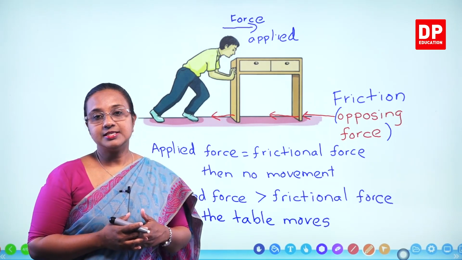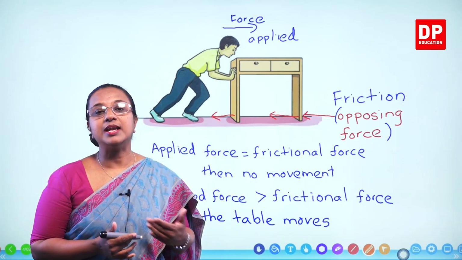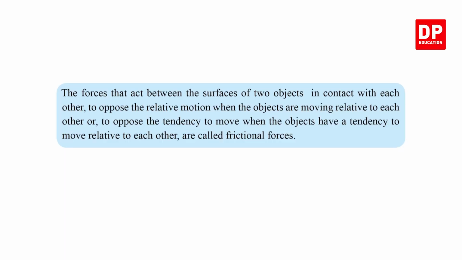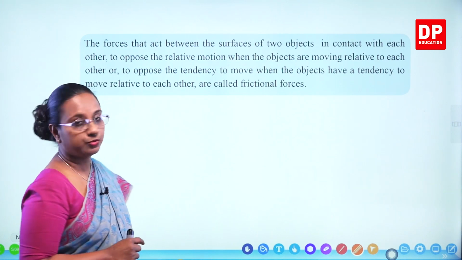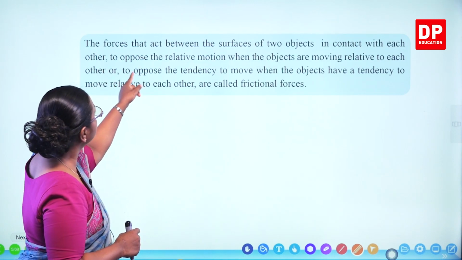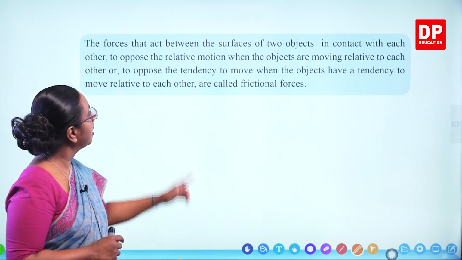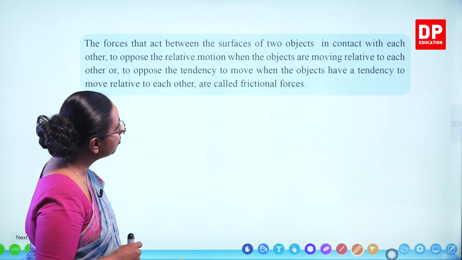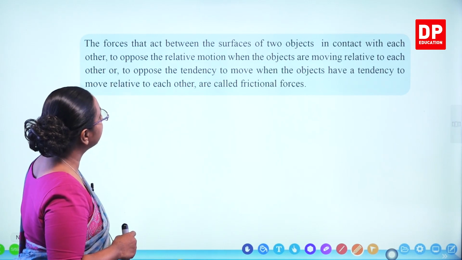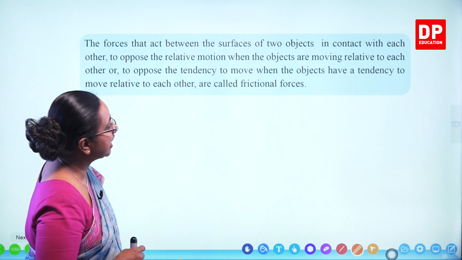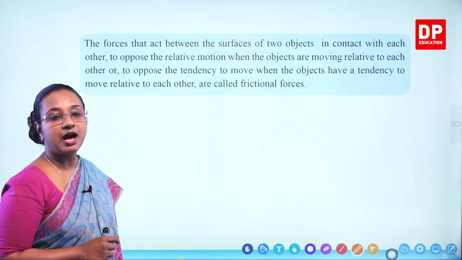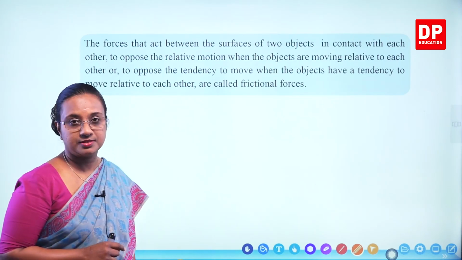Based on this, let us now define what frictional force is. The forces that act between the surfaces of two objects in contact with each other to oppose the relative motion when the objects are moving relative to each other, or to oppose the tendency to move when the objects have a tendency to move relative to each other, are called frictional forces.